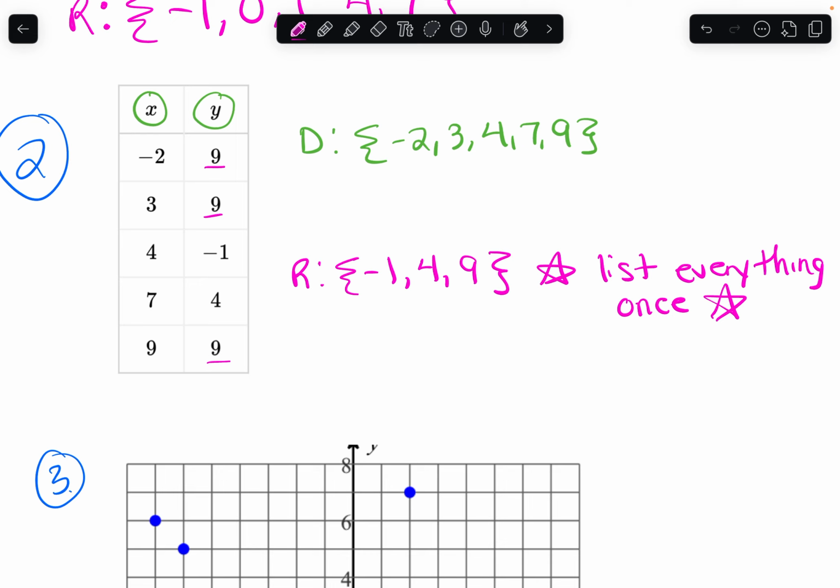And that's exactly what we see. This is another small mistake that people make, is they would write -1, 4, 9, 9, 9. You only need to list it one time. That is it. So I picked this table on purpose to illustrate that fact that if we have repeats, we don't need to list them more than once.